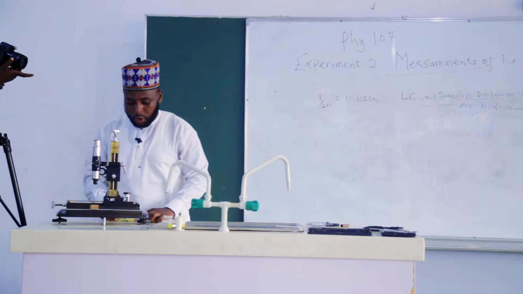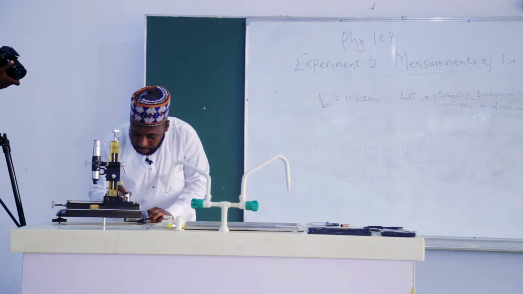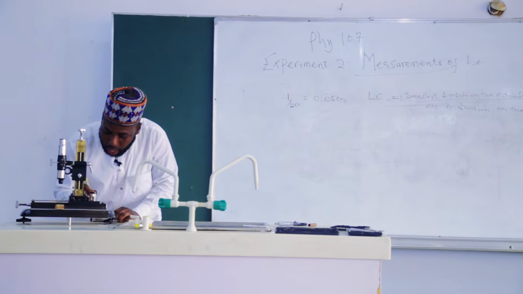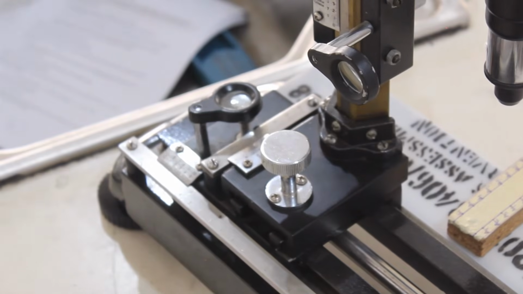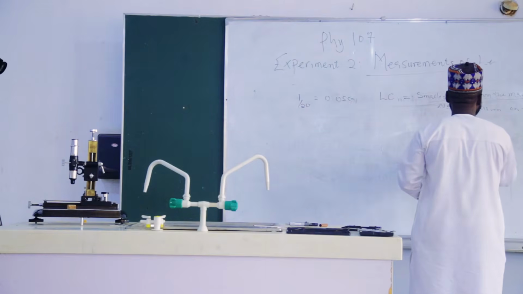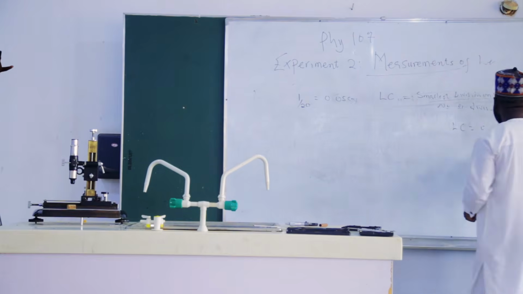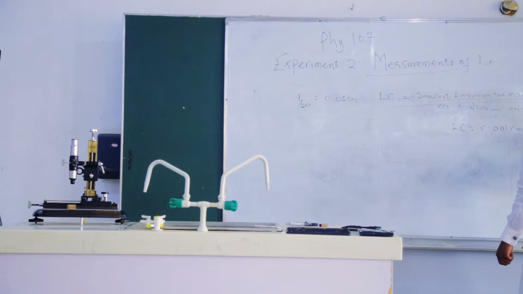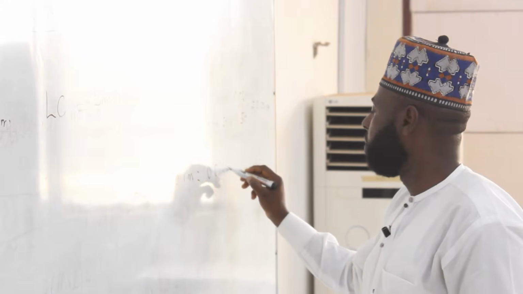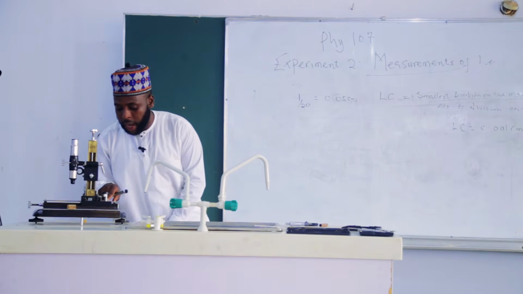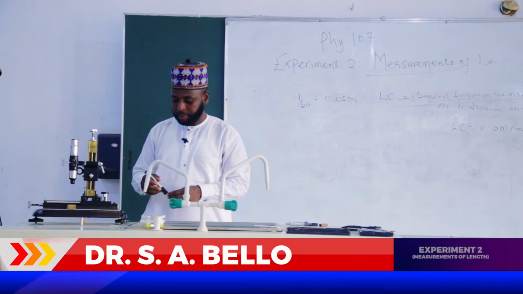When you look at the instrument, we have 0.01 millimeter. So if your least count is 0.001 centimeter, it is the same as 0.01 millimeter as written on the instrument itself.